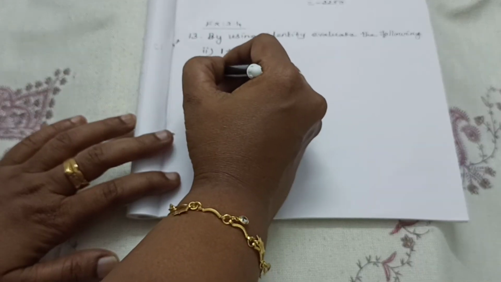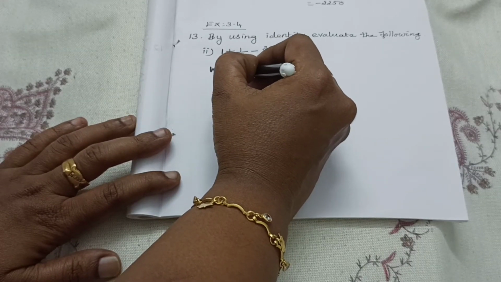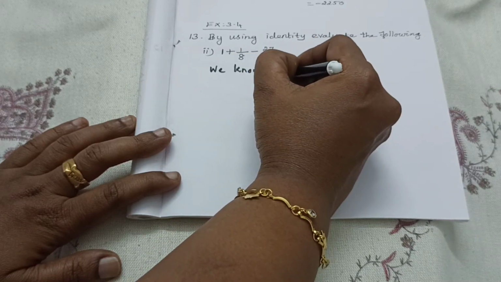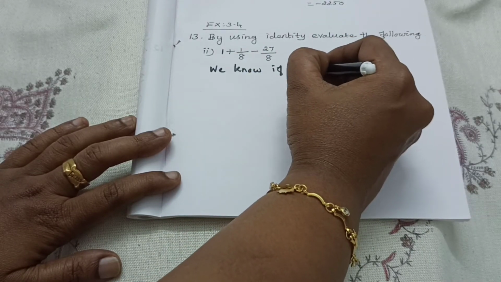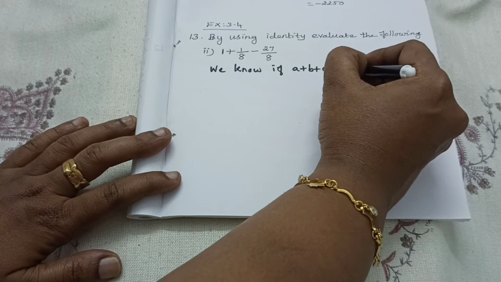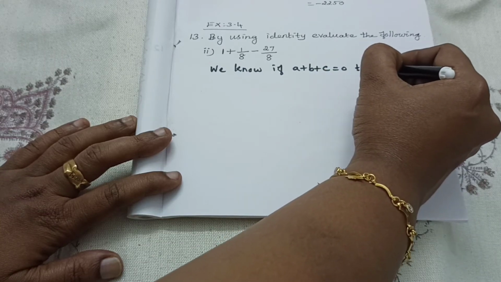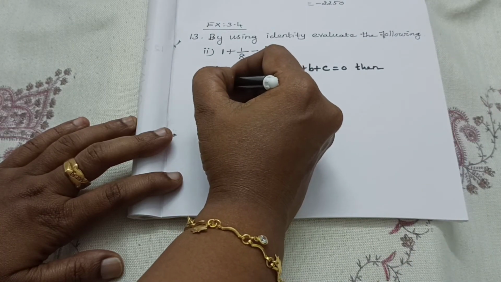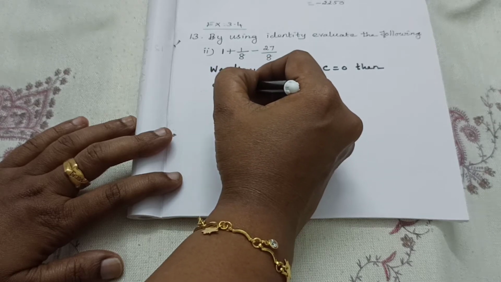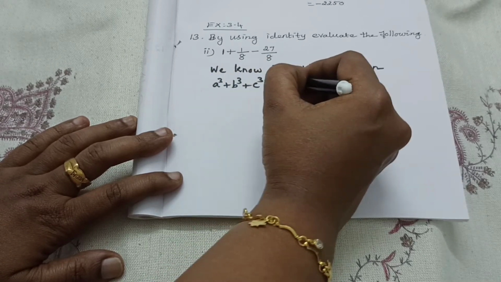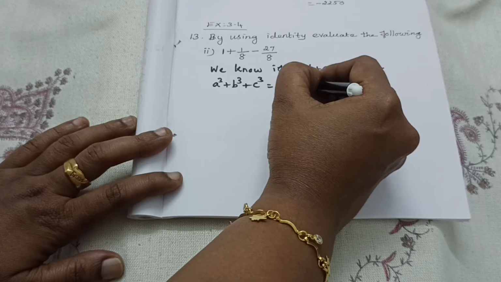Then here, what do we know? If a + b + c = 0, then a³ + b³ + c³ is equal to what? 3abc.